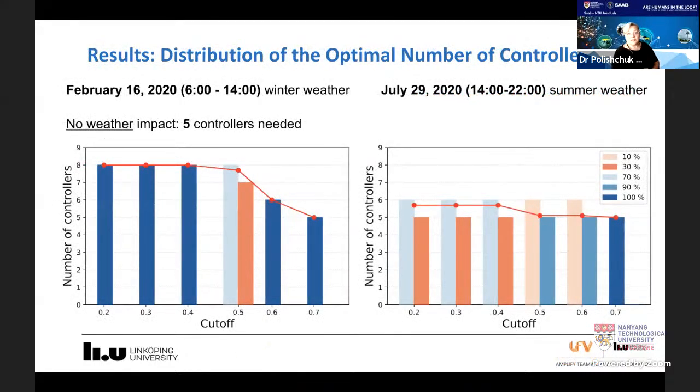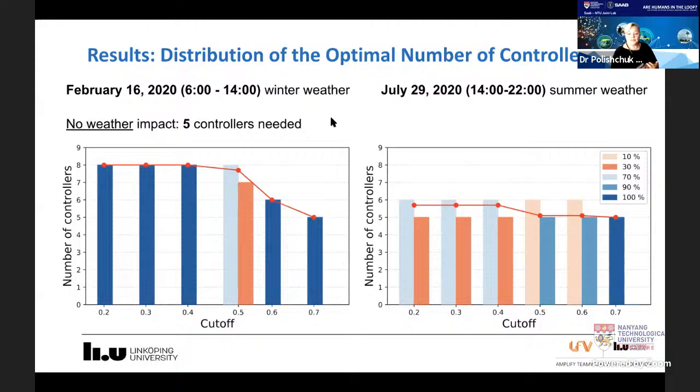And here are just example results from our experiments. We look at one winter weather day and one summer day when a combination of several weather events happened. If we don't take weather into account, as in previous scheduling, we see only 5 controllers are needed.